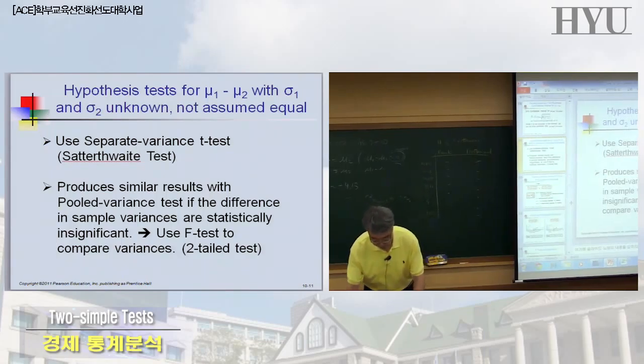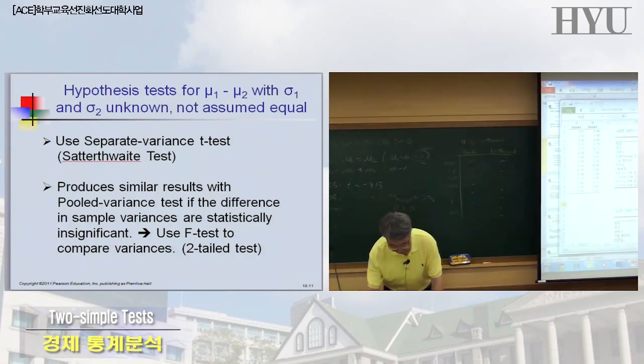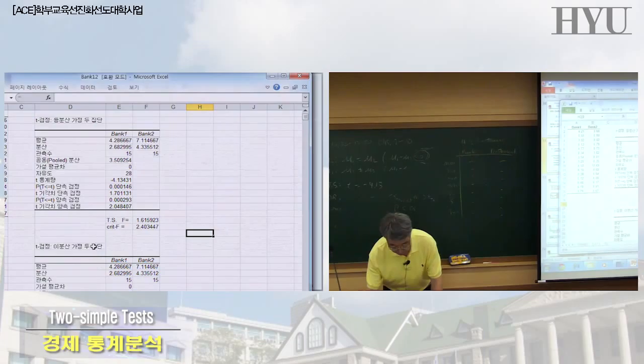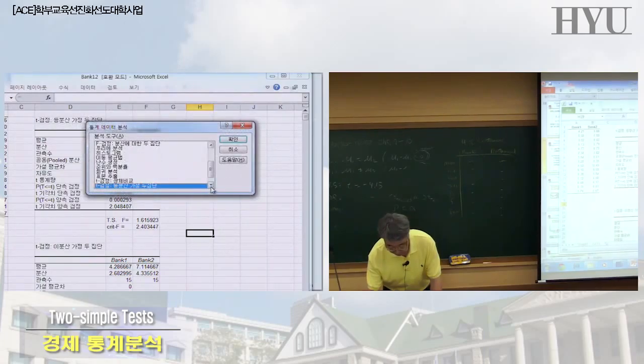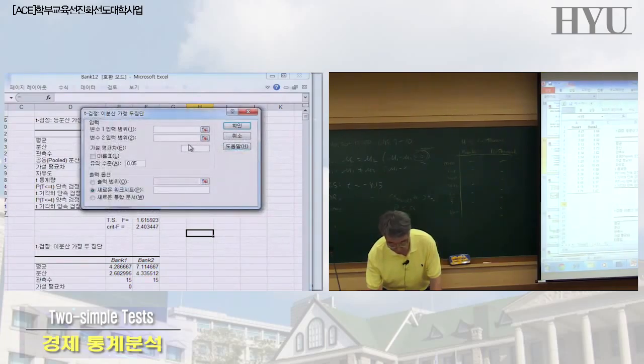You can just go to Excel and choose data analysis and the option assuming unequal variance between two populations. And the way you use it is exactly the same.